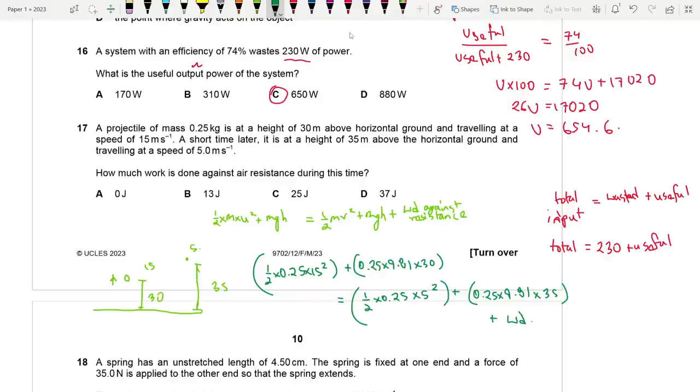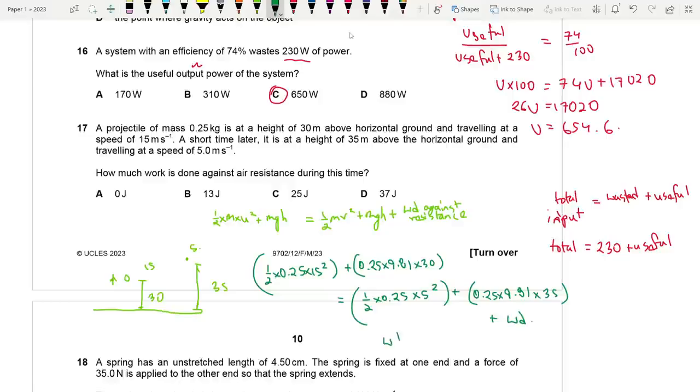Let's do this. So 0.5 times 0.25 into 15 squared minus 0.25 into 9.81 into 30, minus 0.5 into 0.25 into 5 squared, minus 0.25 into 9.81 times 35.